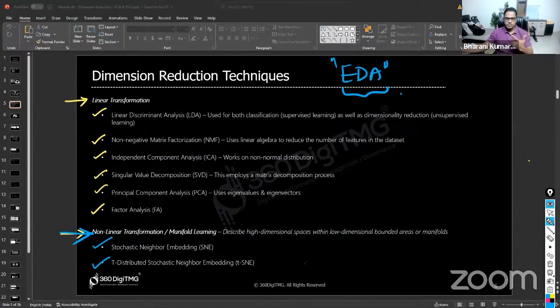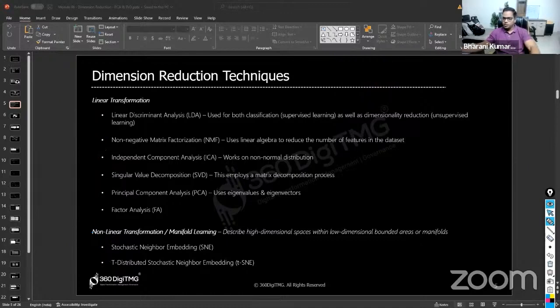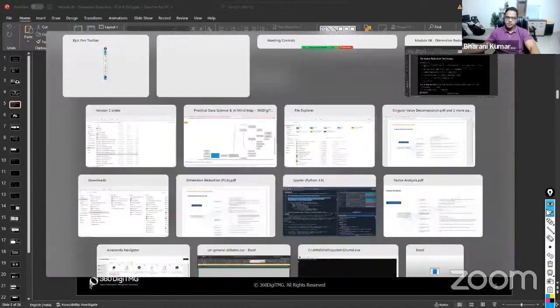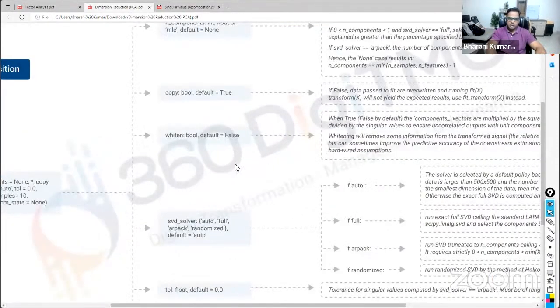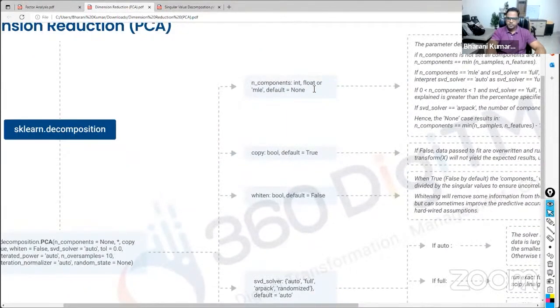Point two is understanding what the various hyperparameters are. We have already discussed multiple times that hyperparameters are those options which you can change and experiment with. For example, Sharad was talking about number of components.